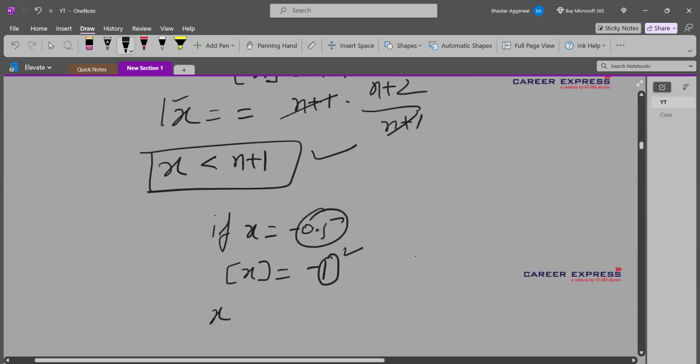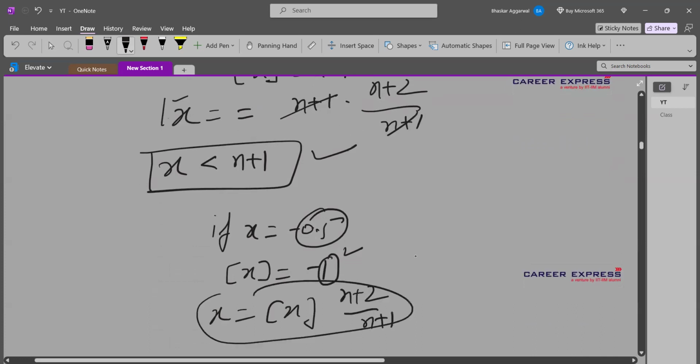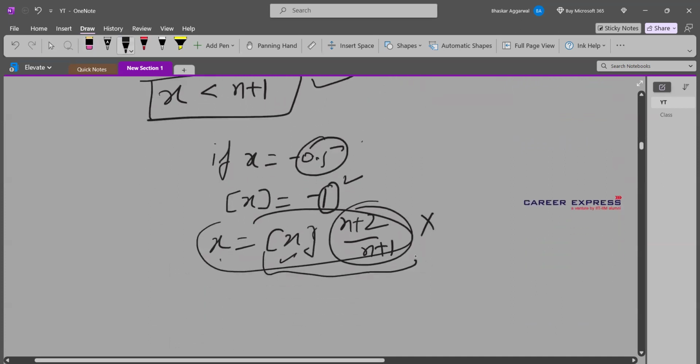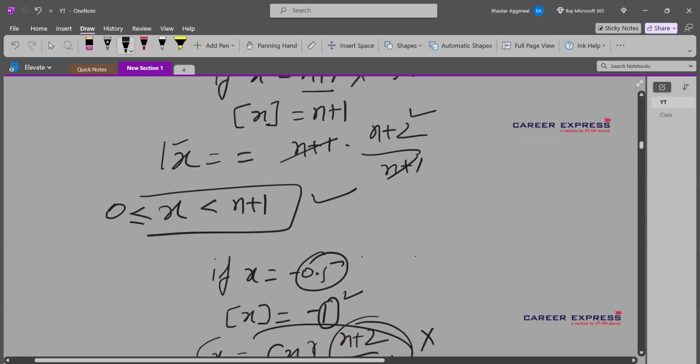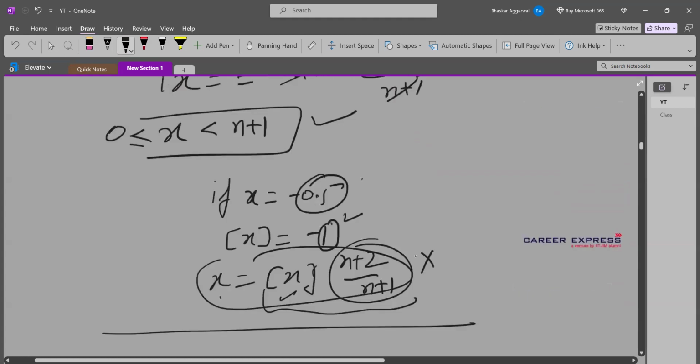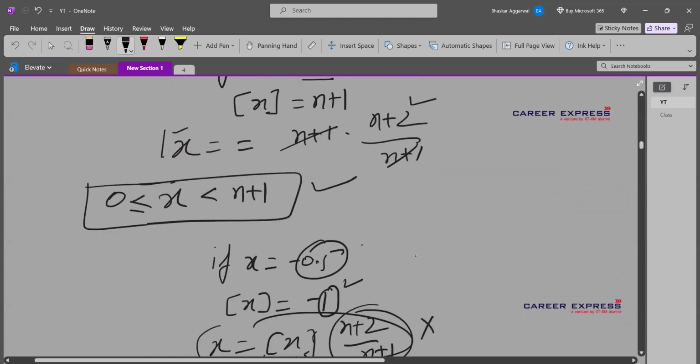So x equal to box x times (n plus 2) by (n plus 1) can never be true if x is negative, because this absolute quantity is more than x, and this quantity is also more than 1. So the product of two quantities which are already more than 1, we cannot get equal to x. So we can say x cannot be less than 0 also. So x has to be more than or equal to 0. These are the values of x that satisfy the equation.